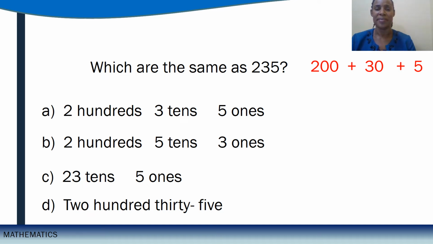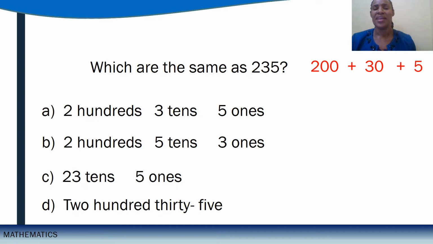Let's look at A. Read A with me. A says 2 hundreds, 3 tens, 5 ones. I wonder what is the value of 2 hundreds, 3 tens, 5 ones. Do you know, boys and girls?